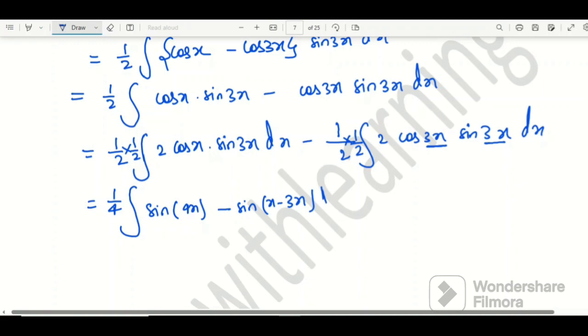So here I can write dx minus 1 upon 4. 2 sine theta into cos theta will be sine 2 theta, so sine 6x dx.